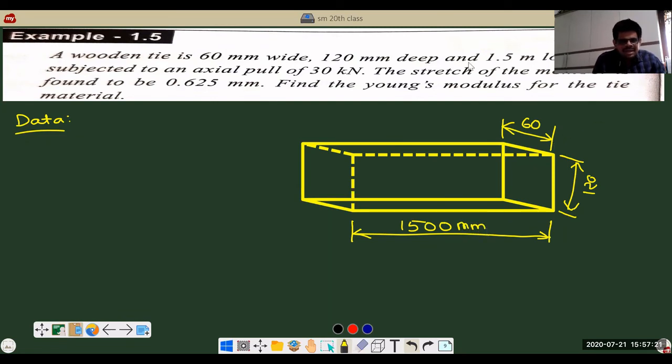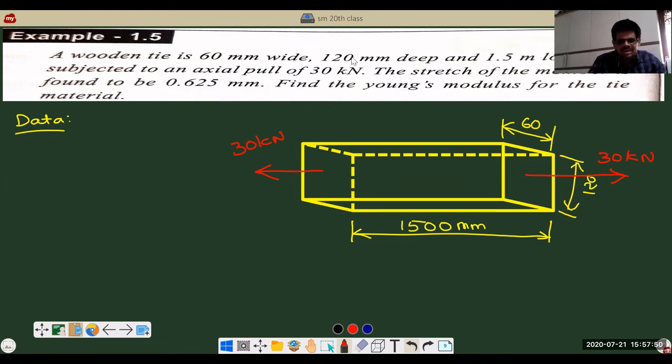Now it is subjected to an axial pull of 30 kilonewtons. So it is subjected to a pull, axial pull like this. The value of this pull is 30 kilonewtons. Next, the stretch of the member is found to be 0.625 mm. So due to this force, this member is stretched by 0.625 mm.